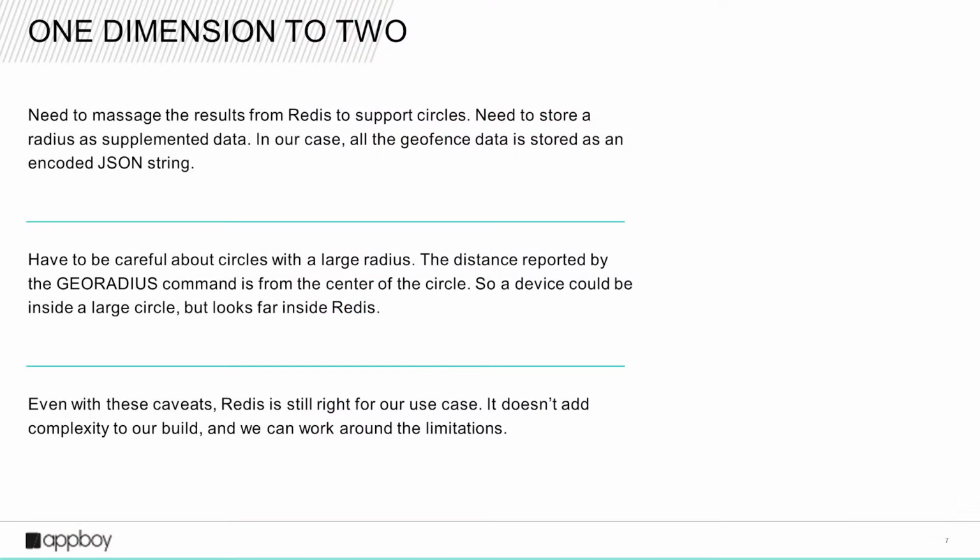So when we get it back, we have to reorder them by subtracting off the radius, flooring at 0 in case you're inside the circle. But even with those caveats, Redis is still right for our use case. It doesn't add complexity to our build because we already use it, and we can work around the limitations of the georadius.